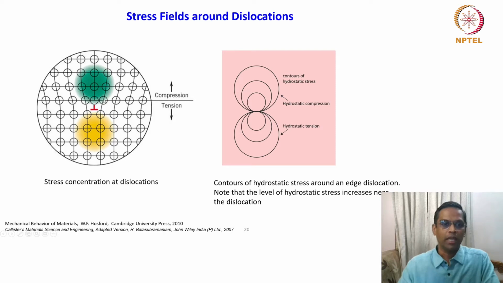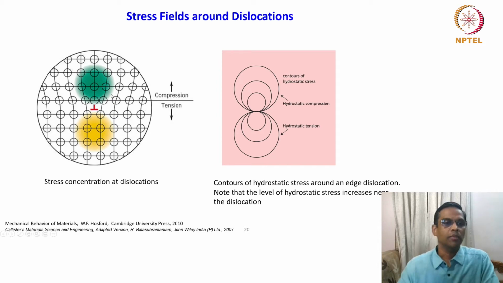So if you look at the slide, what is shown here on the left hand side is a very nice image, which clearly shows the extra half plane and the positive edge dislocation, and then the second half of the lattice.